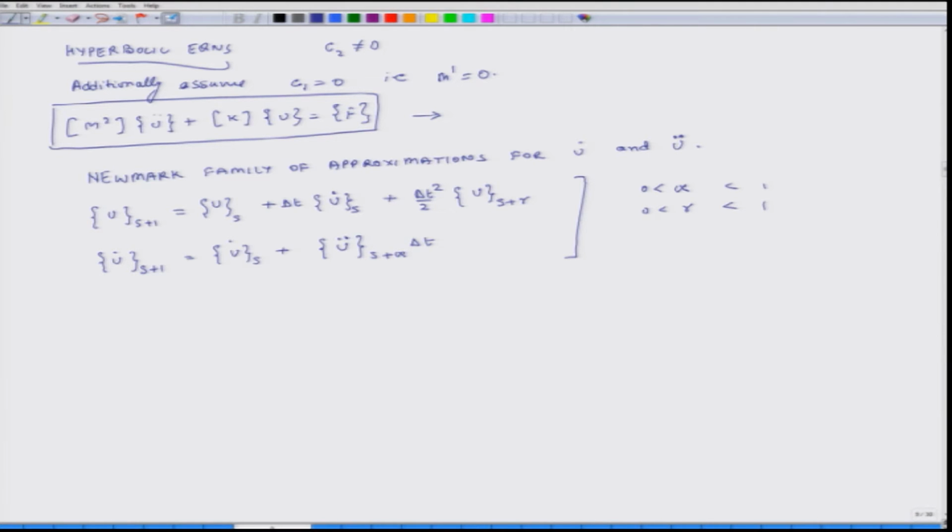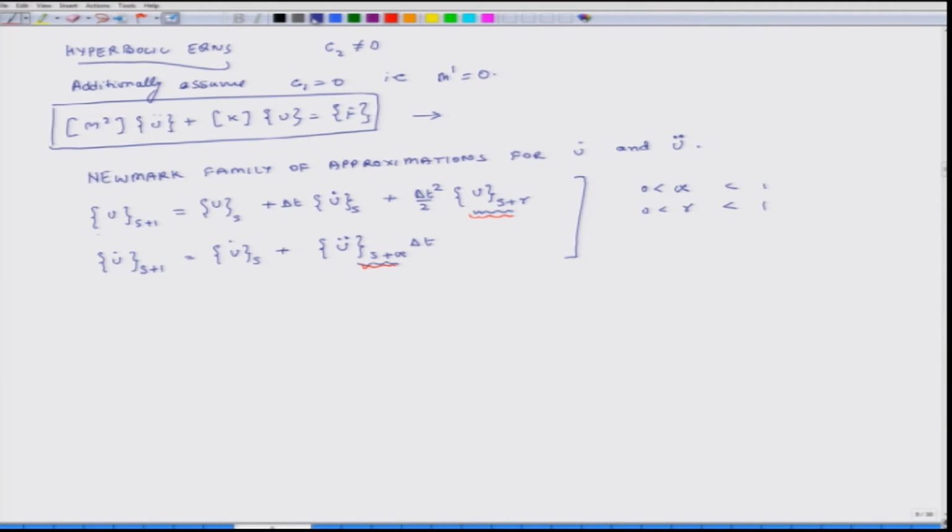What this family of approximations helps us do is calculate u and u dot at time step s plus 1. On the right side, we know u dot and u at time step s. We also know the value of delta t, which we can choose. We also know the accelerations at time step s, but we do not yet know how to calculate u double dot at s plus gamma and at s plus alpha.